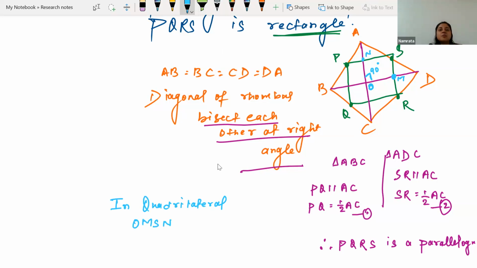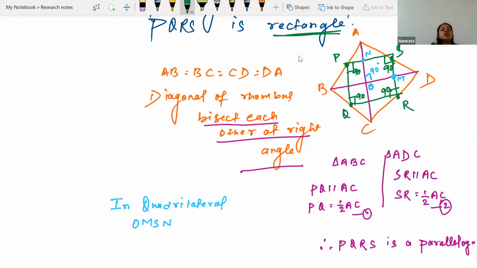Because it's a rhombus and diagonals bisect at right angle, that we already know about rhombus. That's why I have marked 90 degree over here. What we want to prove over here? We want to prove that one of the interior angles of this one is 90, or maybe this one is 90, or maybe this one is 90, or maybe this one is 90.